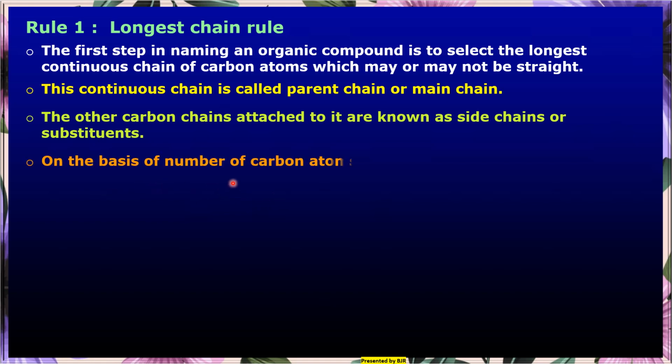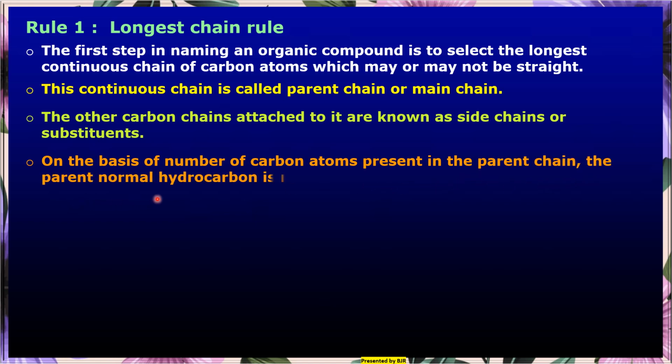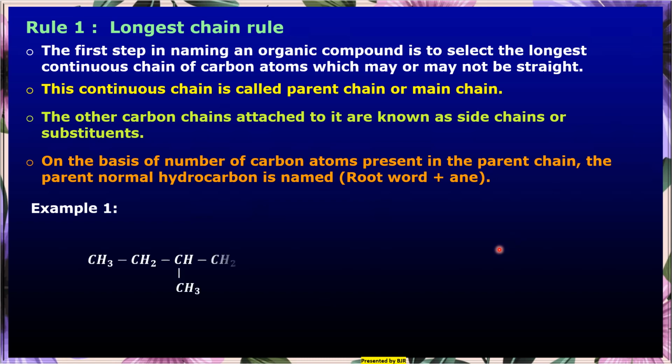On the basis of the number of carbon atoms present in the parent chain, the parent normal hydrocarbon is named. Here, the root word is decided on the basis of the number of carbon atoms present in the parent chain. Here is an example. You can see this is one alkane. In naming this alkane, first we have to select the parent chain, which contains the maximum number of carbon atoms.